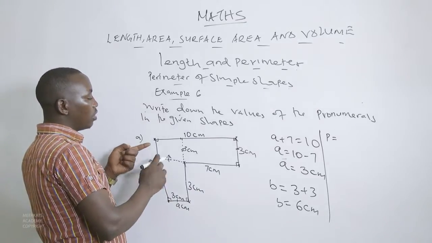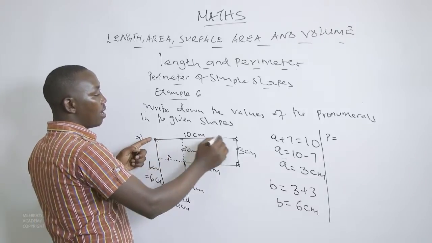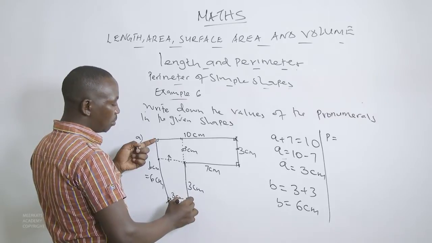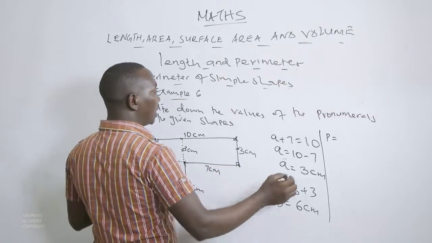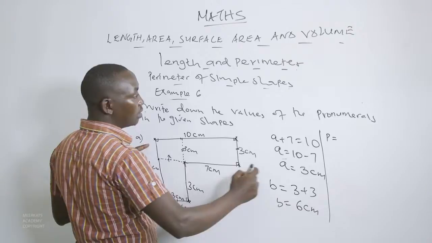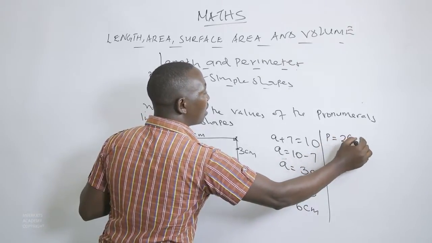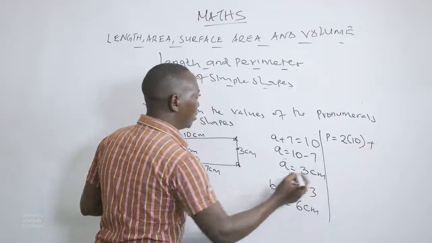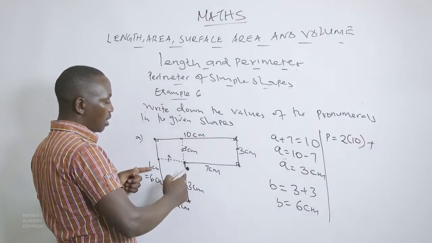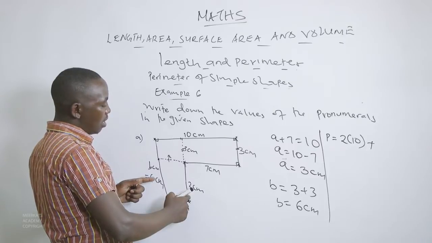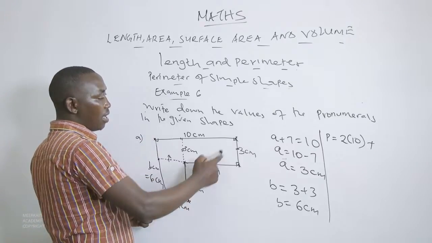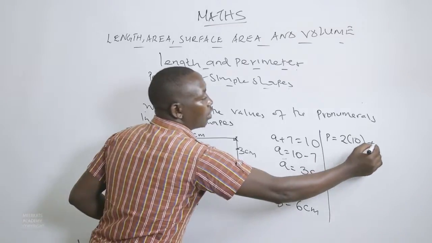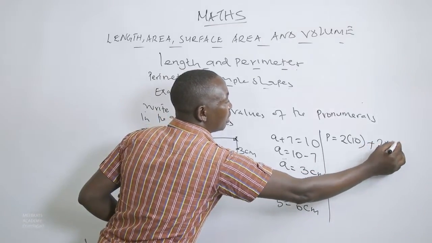So like in this case, because we have this and this being equal, we can say that this and this shall be 2 multiplied by 10 because they are equal, plus this side here and this other side, this one is 6, this one is 6, so we can also take it to be 2 multiplied by 6.